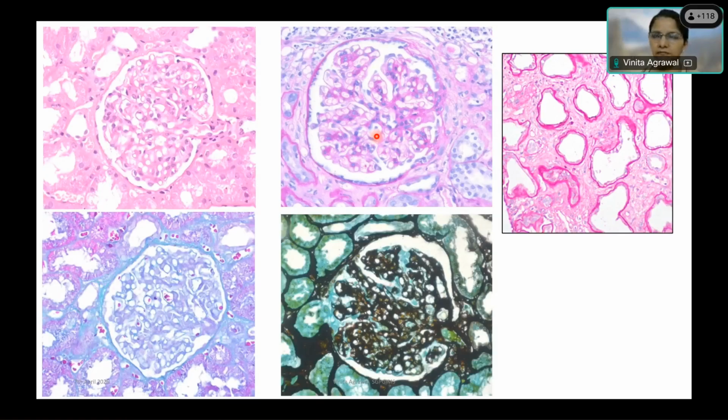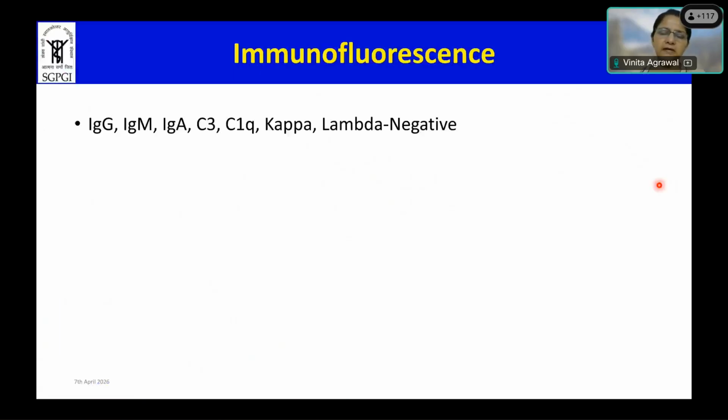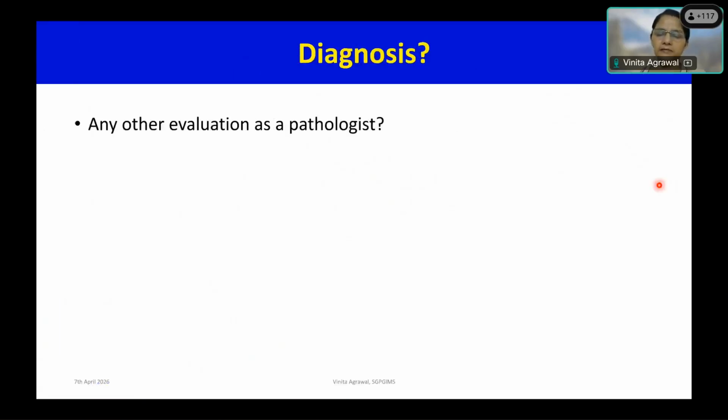So you have to always rule out focal segmental glomerulosclerosis. Because FSGS can also show you normal looking glomeruli, but there are only segmental lesions. So whenever you are not finding a segmental lesion in the glomerulus, but you are finding tubular atrophy, always try to look for FSGS. This was immunofluorescence negative, and so that was a diagnosis.